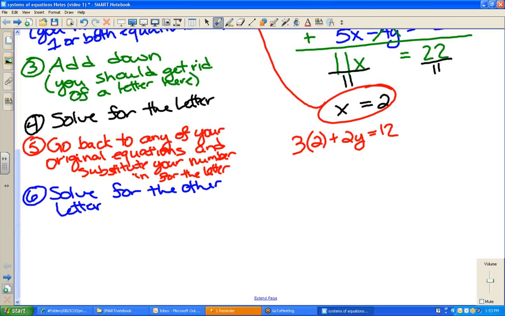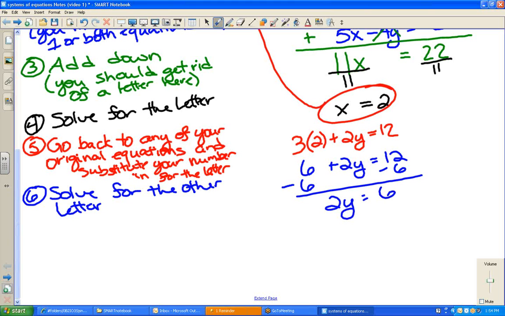So I'm solving for the other letter. Getting y by itself, I'm going to subtract 6 from both sides. 2y equals 6. Still not done, so divide by 2. Divide by 2. y equals 3.